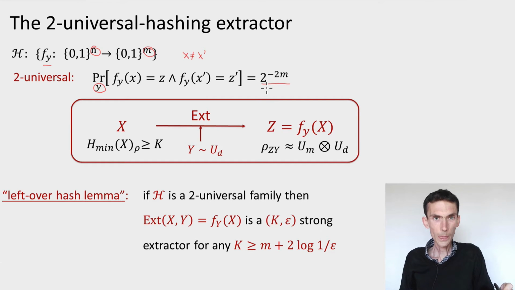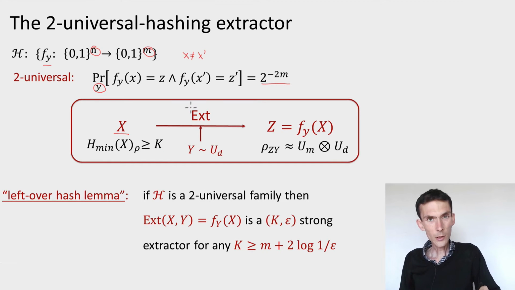So that's two universal families of hash functions, and we saw constructions of such functions as affine functions over a finite field. And now, given any such family, I can define an extractor which takes as input a source, x, that is going to be an n-bit string, on which I have a condition on the min entropy. The min entropy of the source should be at least some bound k.